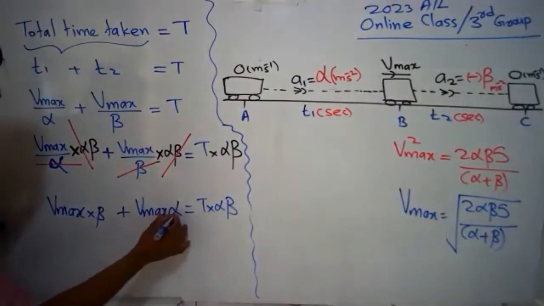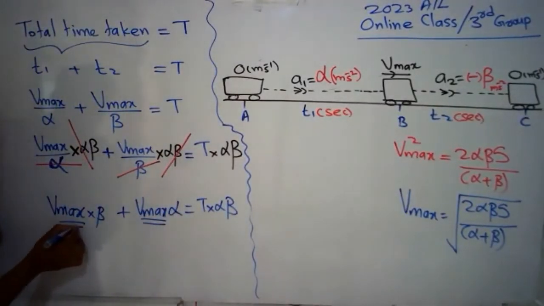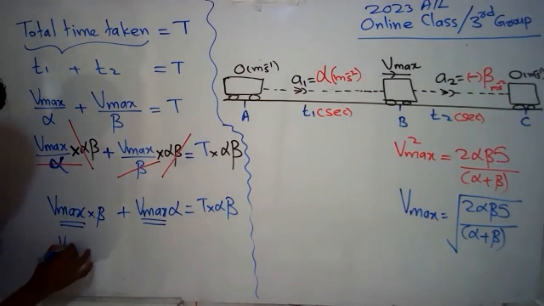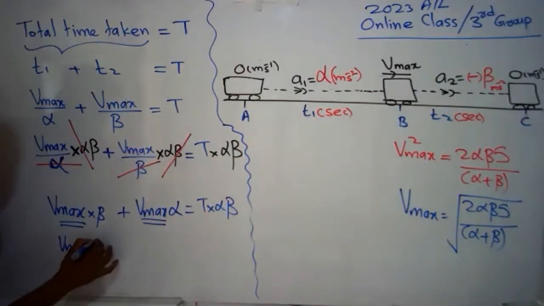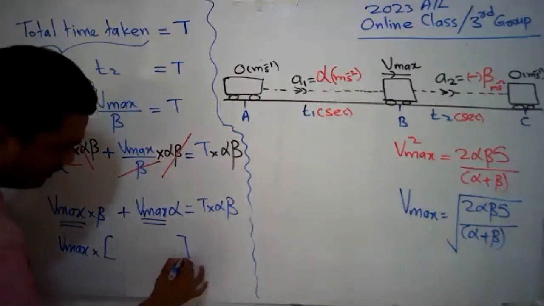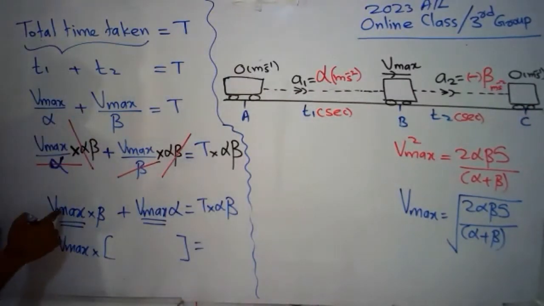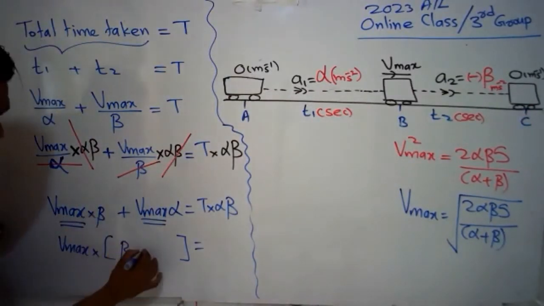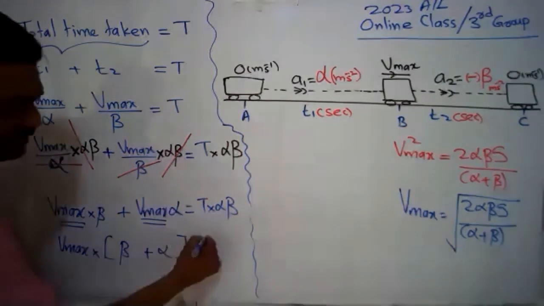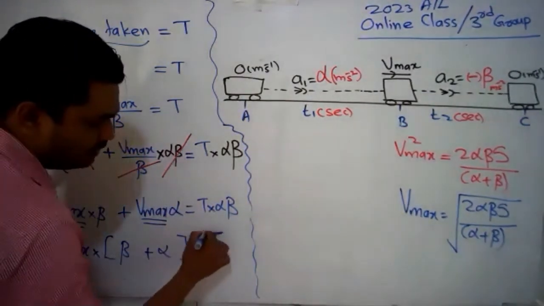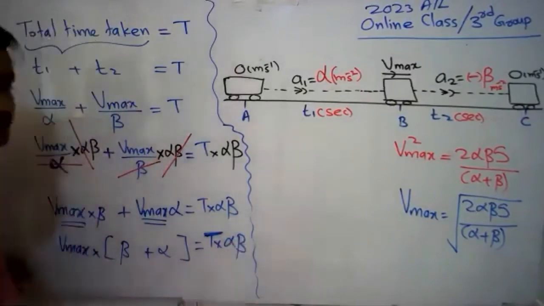So you see that V max is common. Therefore, I can take V max out from a bracket. So the remaining terms will be V max taken out, beta is there, alpha is there, equals T into alpha beta.